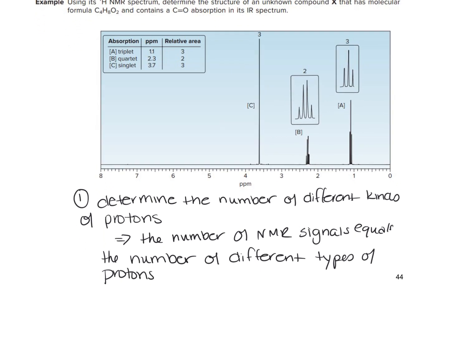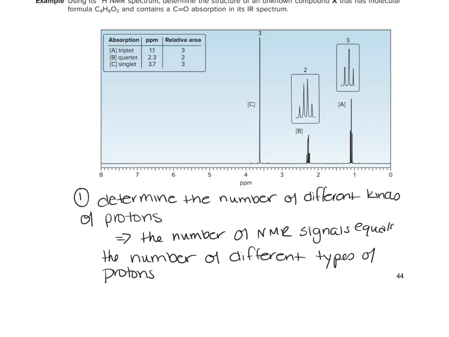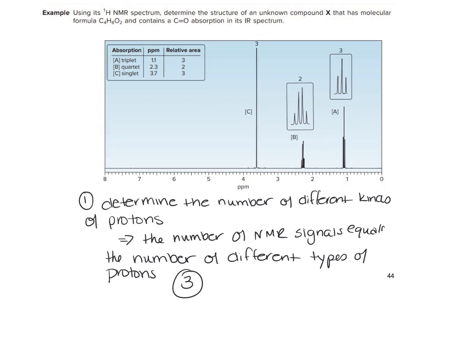So, for example, we have 3 peaks here, and that indicates we have 3 different types of protons. They're already labeled A, B, and C, but the big thing that we have here is 3.